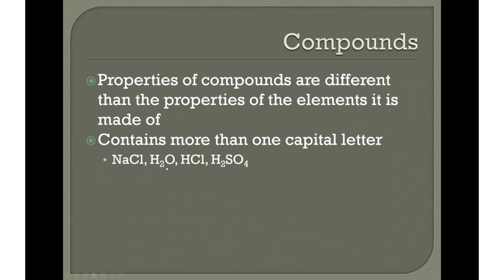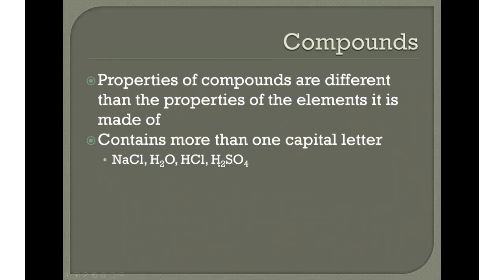What about H2O? How many elements do we have in this compound? We have 2, hydrogen and oxygen. How about HCl? Again, we have 2 elements, hydrogen and chlorine. How about H2SO4? How many elements do we have in this compound? We have 3, hydrogen, sulfur, and oxygen.